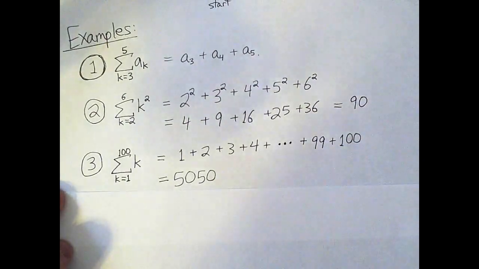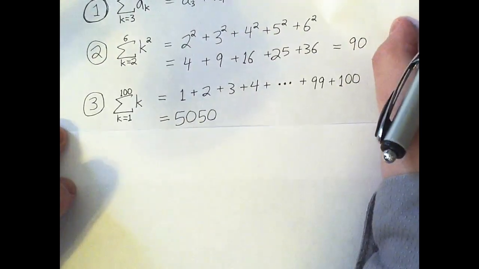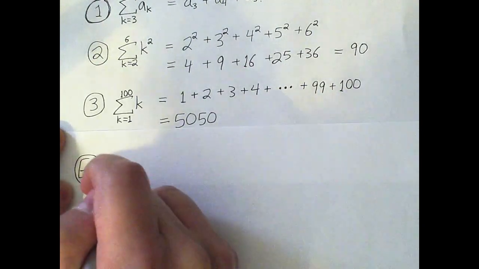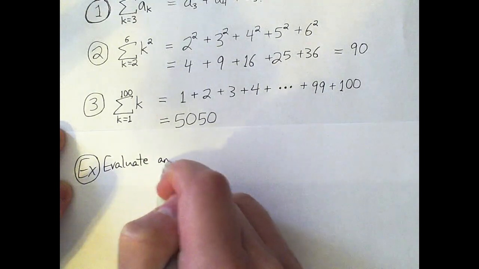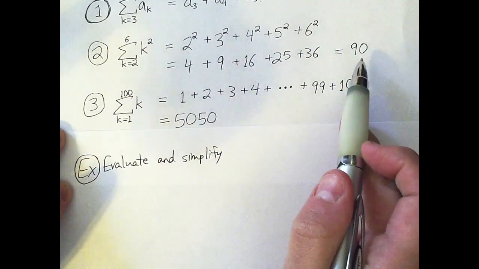All right, so I'm going to give you 2 examples to try, and they're going to be smaller examples. They're not going to be 100 things added together. So I'd like you to evaluate and simplify, sort of like the second example above where the answer was 90.